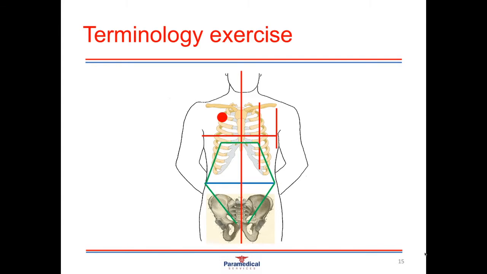Looking at the lines of the chest, because those are the lines we're going to be using to identify this location, not the lines of the abdomen, we can identify that if we take that midclavicular line across to the other side, this dot would pretty much be on the midclavicular line on the right-hand side of the chest.